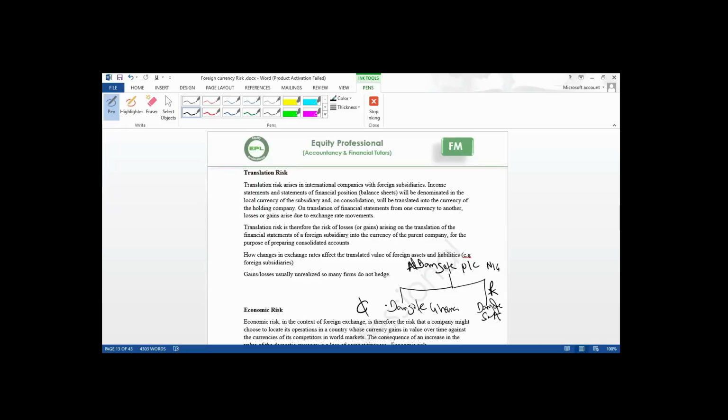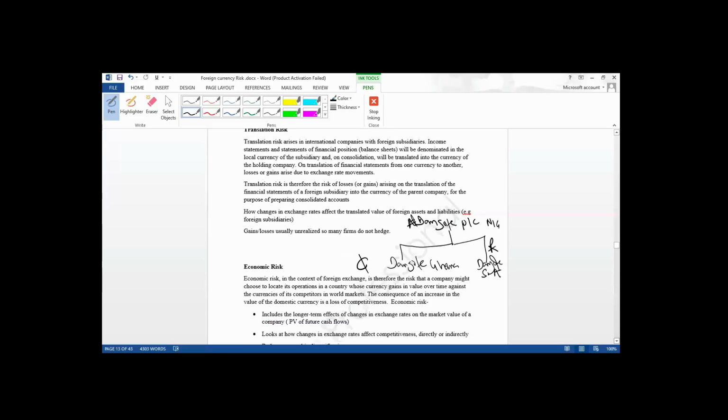Lastly, we have economic risk. Economic risk in the context of foreign exchange is the risk that a company might decide to locate its operation in a country whose currency gains in value.